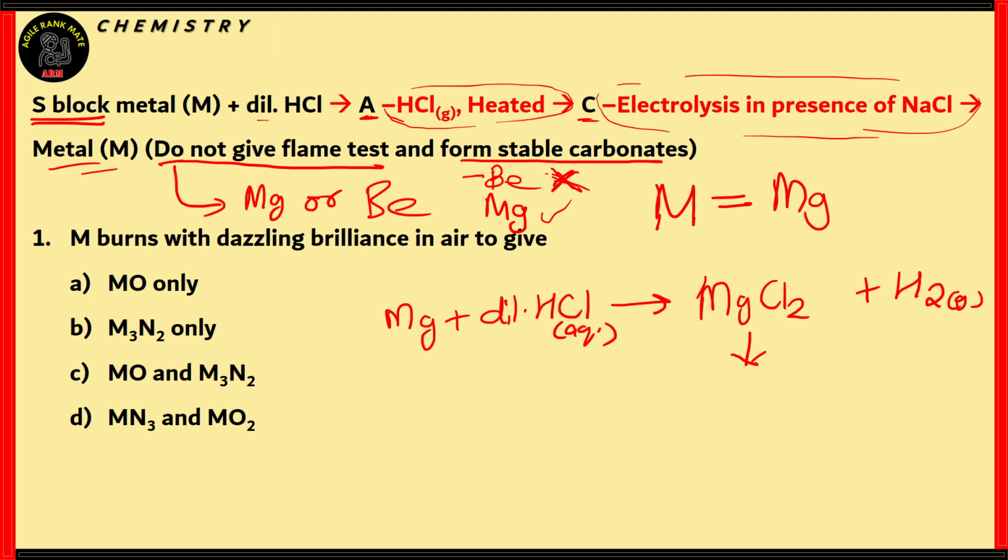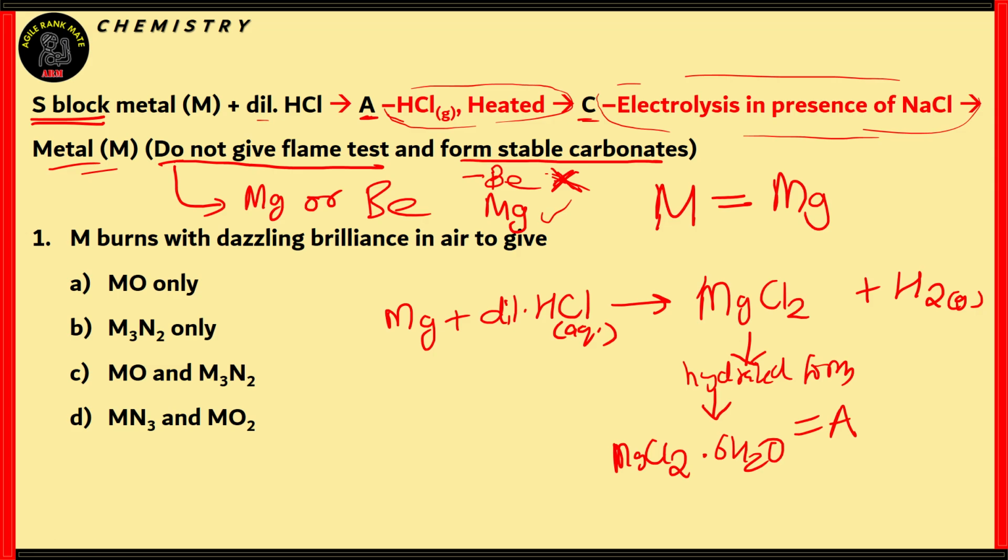So this MgCl2 will exist in the hydrated form, that is MgCl2.6H2O. Now the next step, so this would be our A.